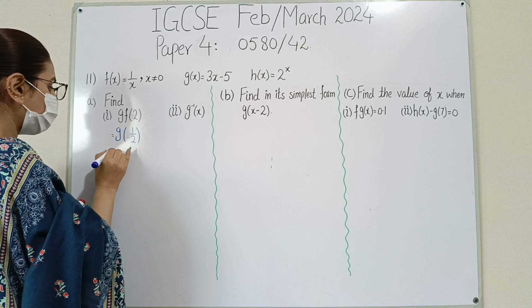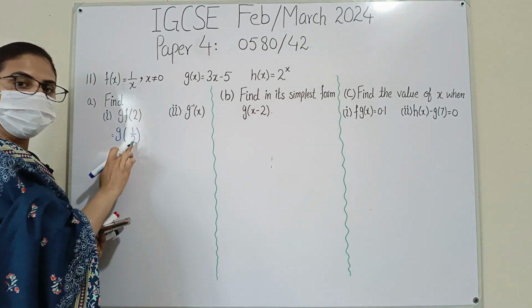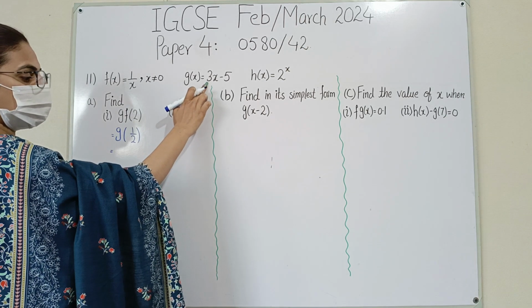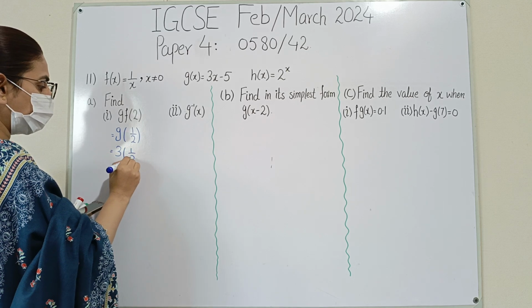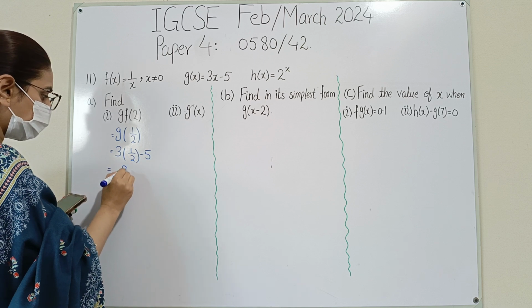Furthermore, you have to use function g, in which you put 1 by 2 in place of x.